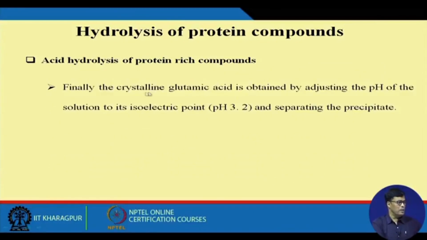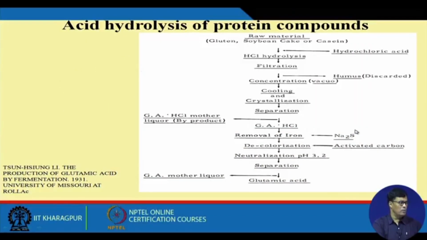Now, finally, the crystalline glutamic acid is obtained by adjusting the pH of the solution to the isoelectric point, pH 3.2, and separating the precipitate. This is how we can finally separate out this glutamic acid. Now, if you look at the steps involved in the glutamic acid process from protein hydrolysis, we take gluten, soybean cake and casein.